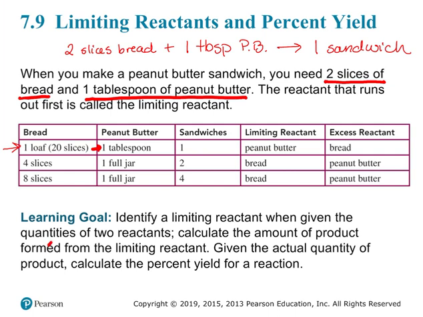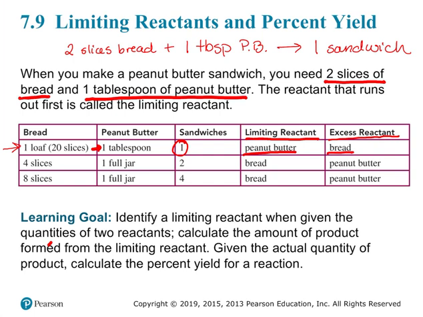So that's going to limit the amount of sandwiches you can make. So in that example, you can only make 1 sandwich. So you have a bunch of bread, but you only have 1 tablespoon of peanut butter. So that means that the limiting reactant is your peanut butter, and the excess reactant is the bread. So you'll have a lot of leftover bread.